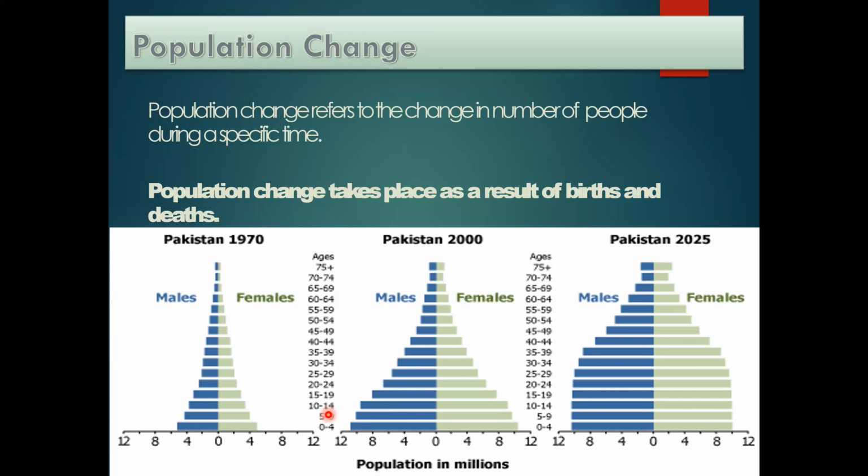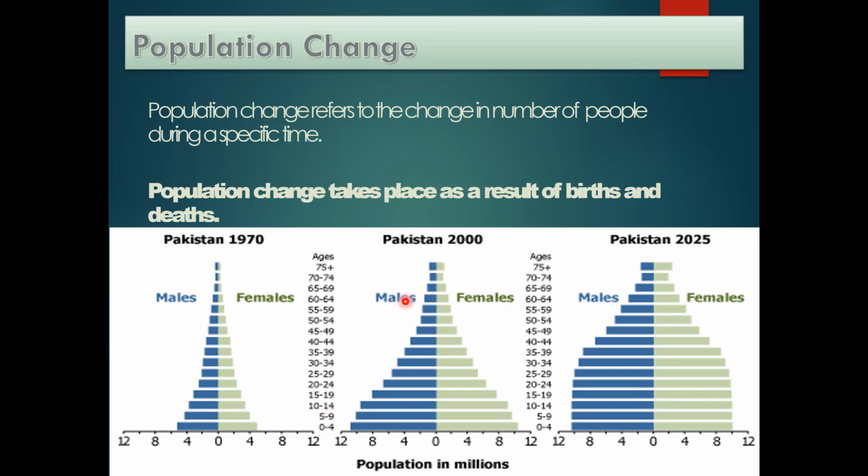Young dependents are the children who cannot earn for themselves. Young dependents are the children who cannot do anything for themselves, and they are dependent on their parents, or they are a burden on the country, that they need to utilize the resources of the country, and they're not going to generate any economic benefit for the country. They are called the young dependents.